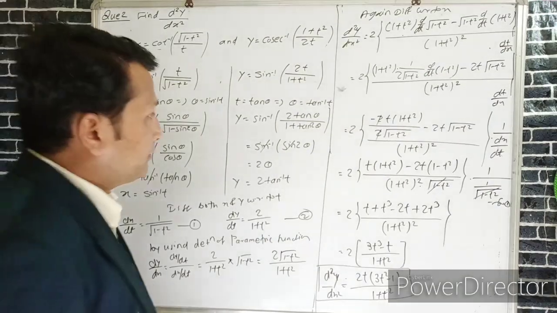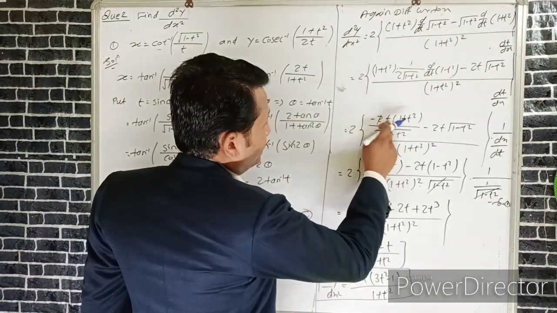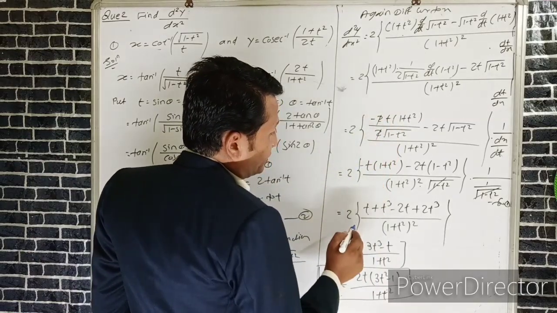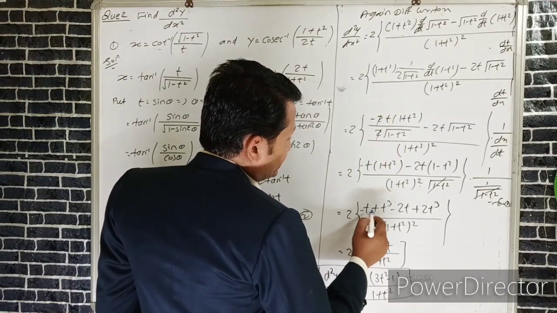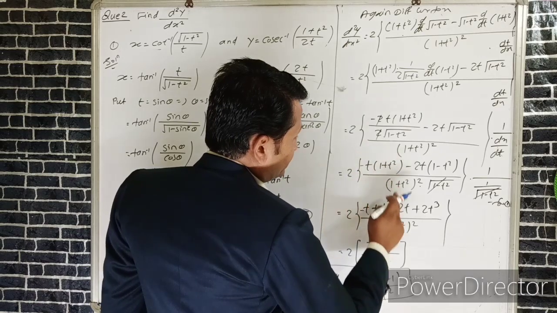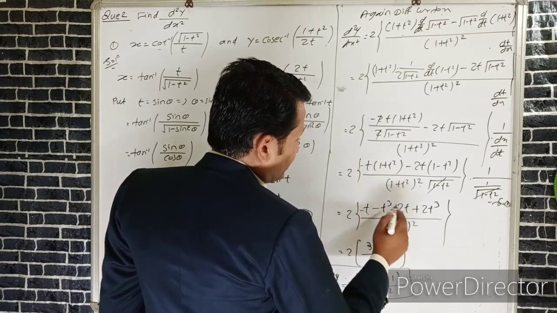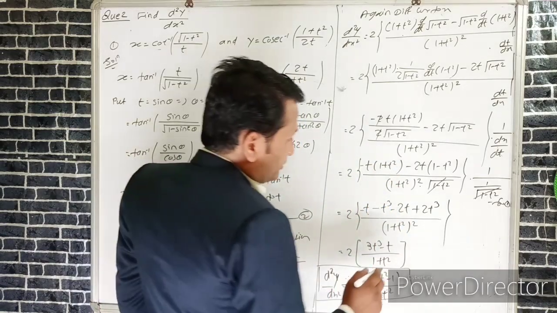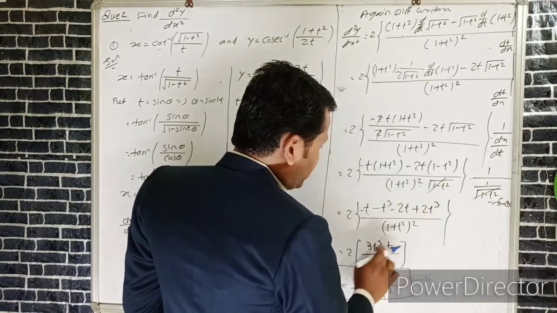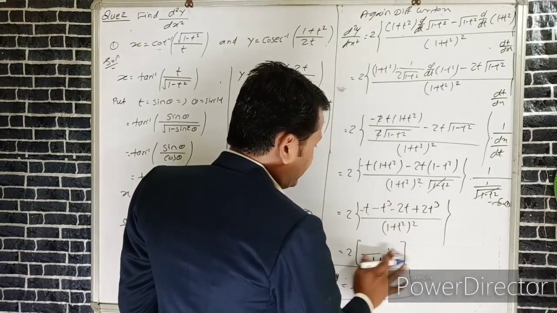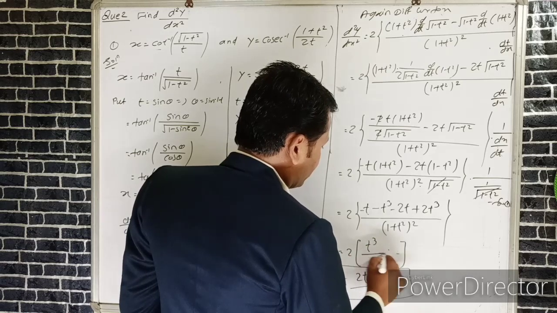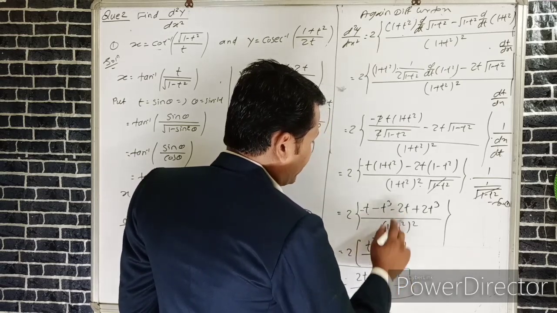Sorry, here one mistake has occurred. Here we take a sign of negative, which means minus t cube. Here t cube plus 2t cube, which is only t cube, minus t minus 2t, minus 3t.